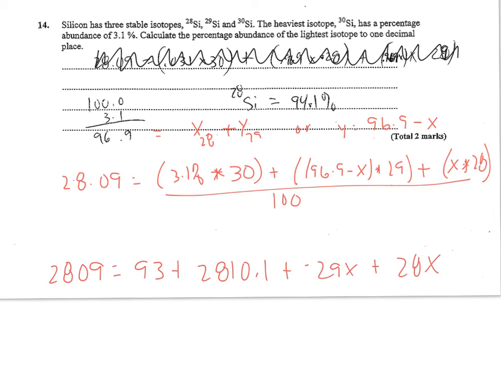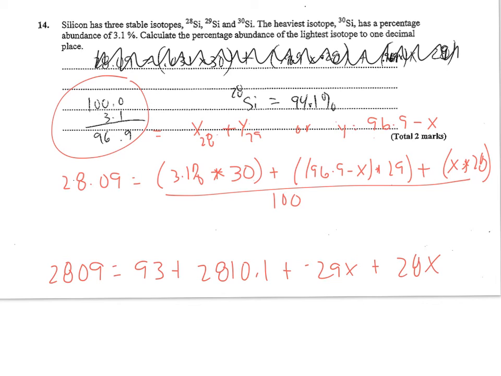And the idea here is just like when we do it with just 2 isotopes, that if I know one of the isotopes is 3.1%, then as I showed up here, the other 2 isotopes have to add up to 96.9. So I can think of those percentages or abundances as x and y, and I could solve for y knowing that x plus y has to add up to that missing 96.9. So you're just doing substitution.